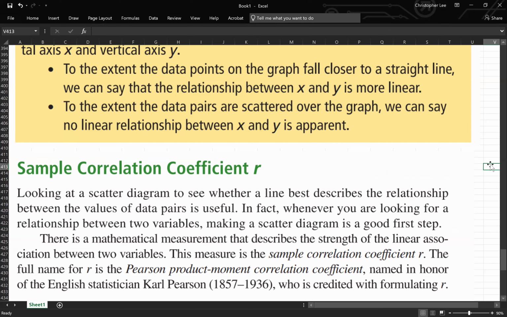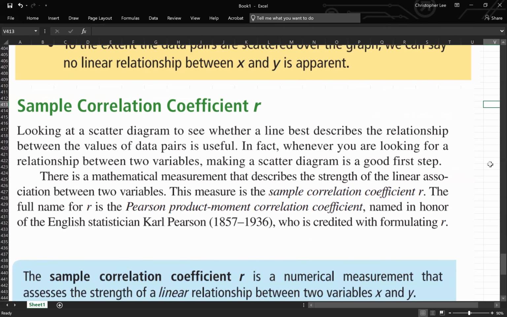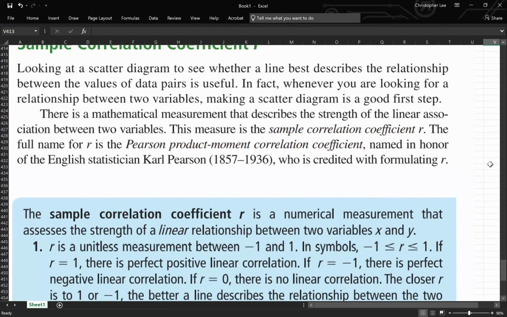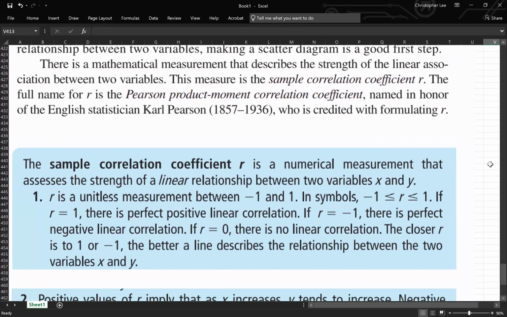There is a mathematical measurement that describes the strength of the linear association between two variables. This measure is the sample correlation coefficient R, right? The full name for R is the Pearson's product moment correlation coefficient, named in honor of the English statistician Karl Pearson, who is credited with the formulation of R.